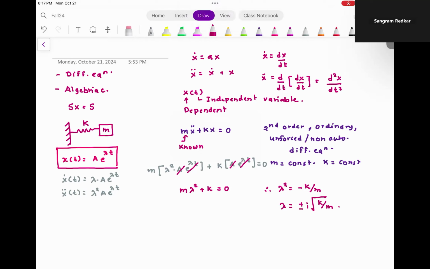Now we have found the solution of the differential equation. Now understand, there are two values of lambda.